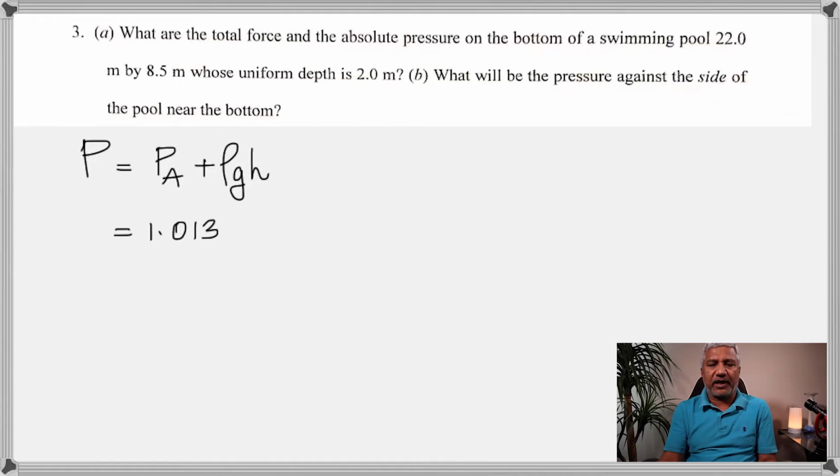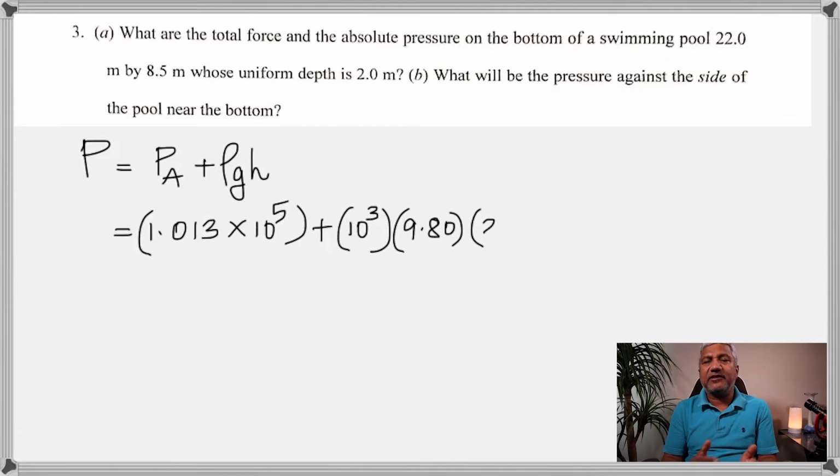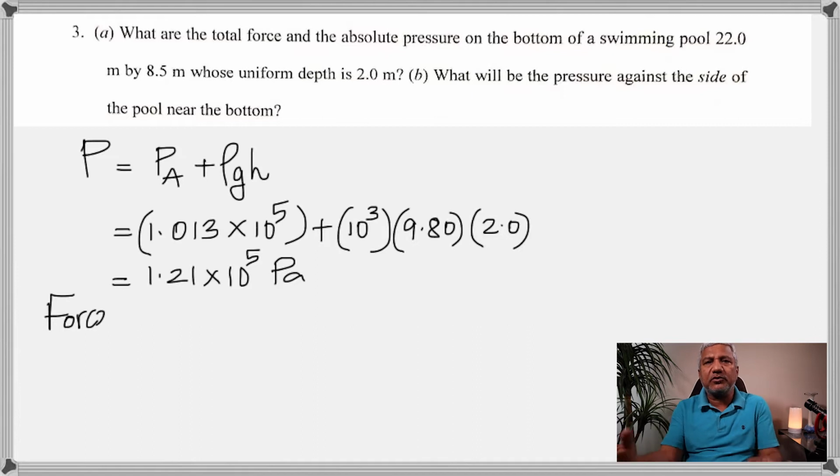Here's the atmospheric pressure, 1.013 times 10 to the power 5, plus the density of water as 10 cube, 1000, times g as 9.80, times h as 2.0. When you do that math, you get 1.21 times 10 to the power 5 pascals as the pressure.